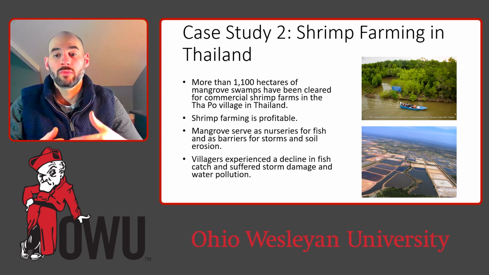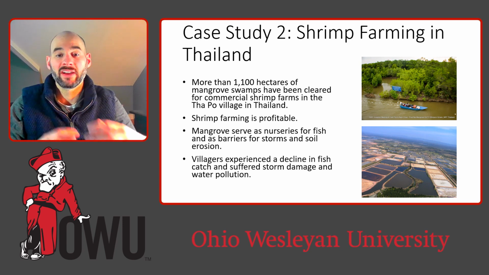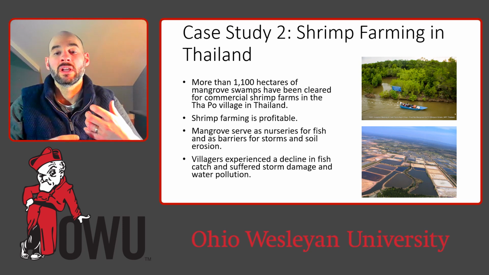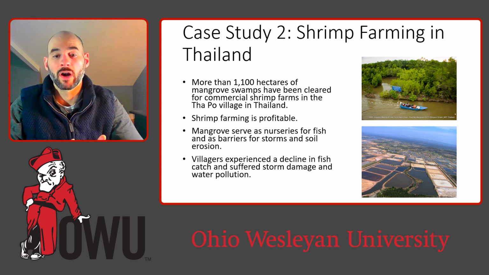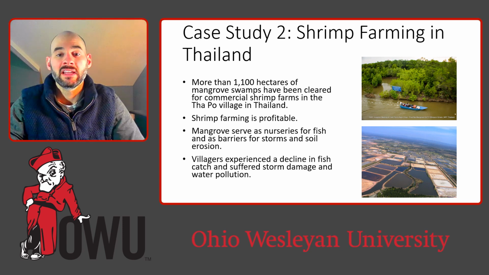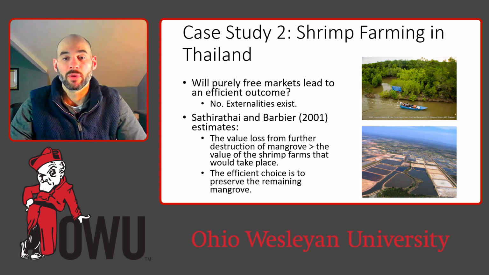And so following the transfer of mangrove area into area for shrimp farming, the villagers in the surrounding area experienced declines in fish catch rates, and then suffered storm damage and water pollution as a result. And so that's where economists can come in maybe a little bit too late and help estimate some of the costs and benefits of this approach.